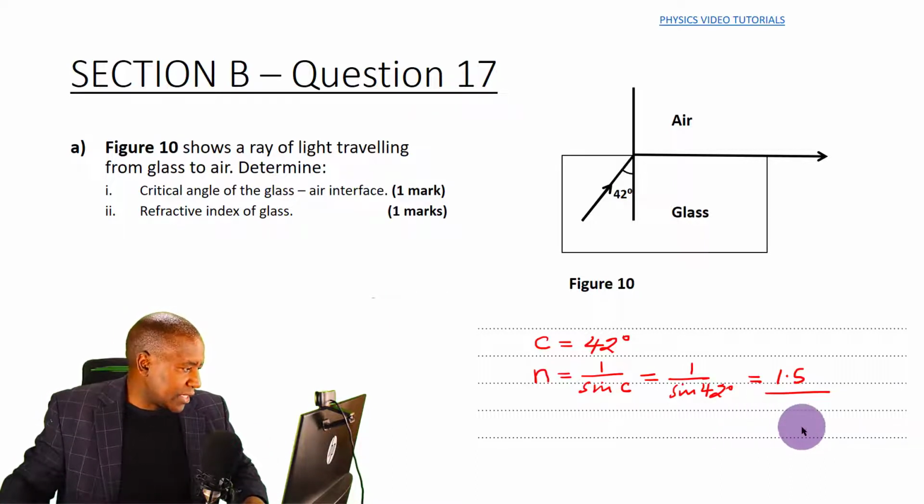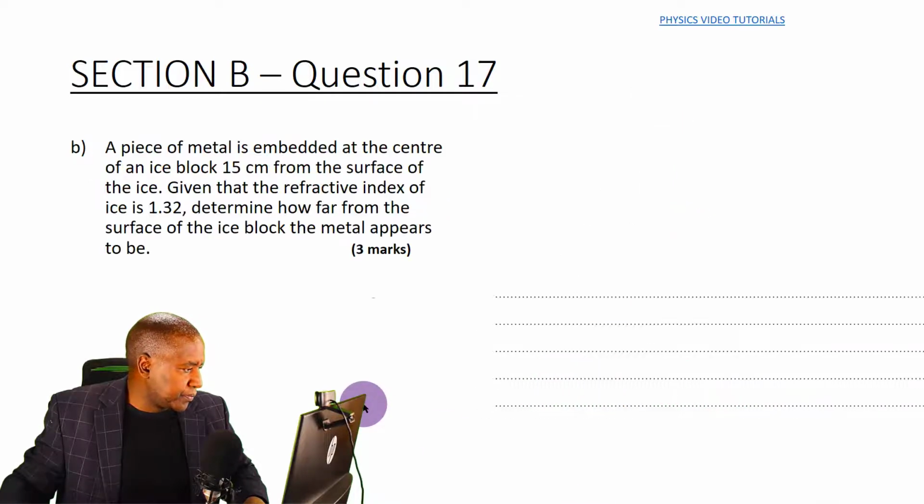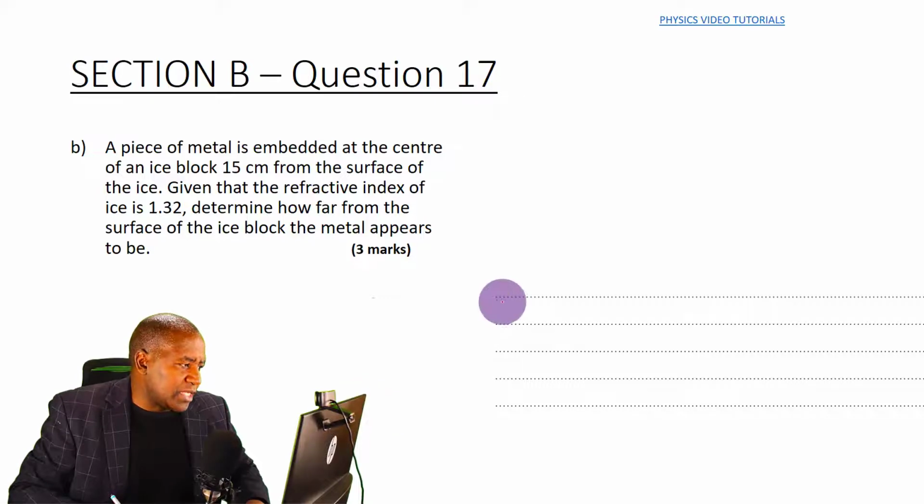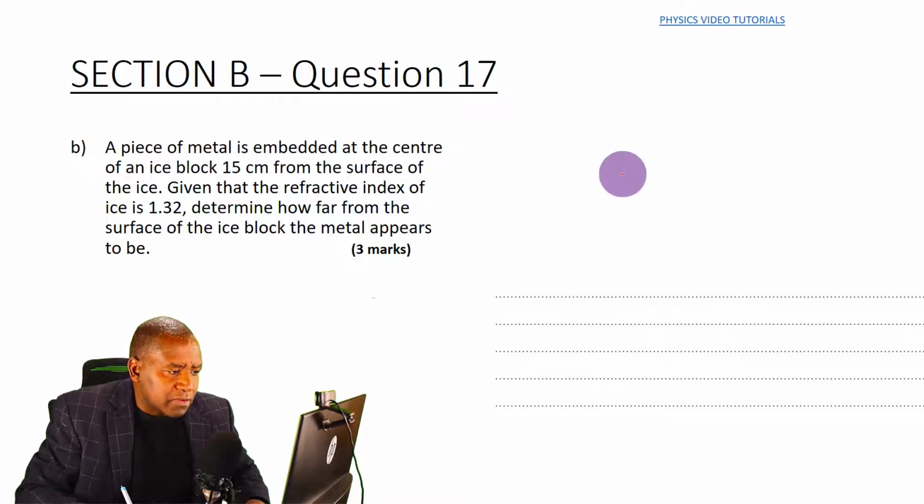Let's look at part 2. We are given that a piece of metal is embedded at the center of an ice block 14 centimeters from the surface of the ice. So there is this ice block here.